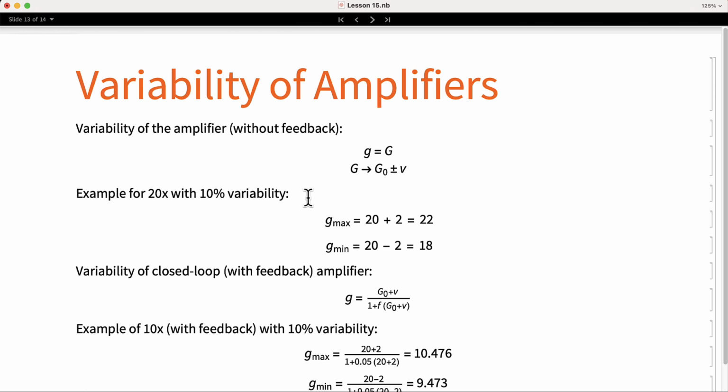We can add and subtract to 20x a value corresponding to the 10%, which in this case is 2. This results in a minimum and maximum of 18x and 22x gain.